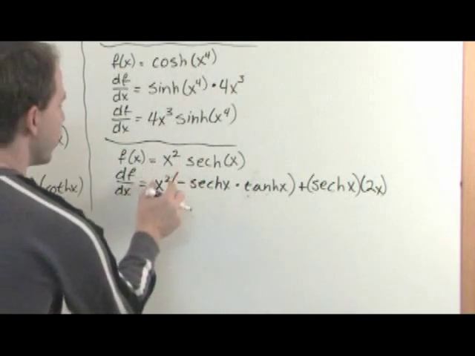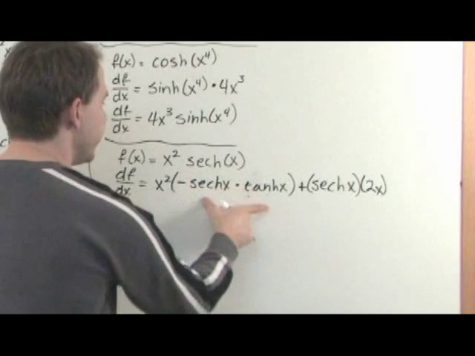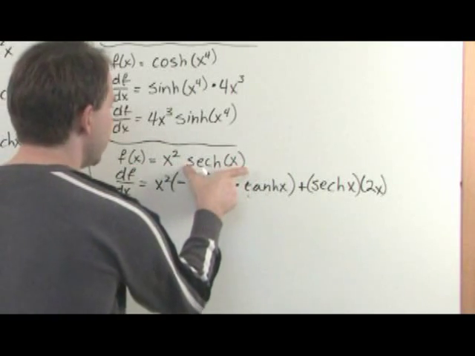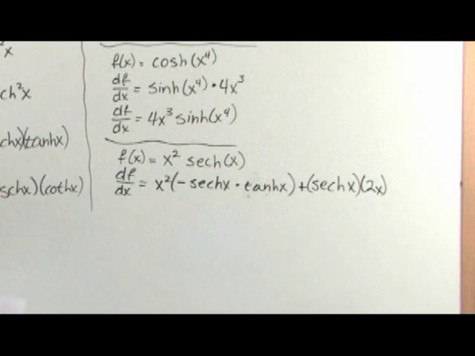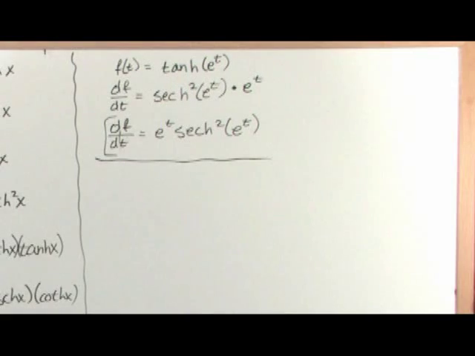So you see it's the first quantity times the derivative of the second, which we found from the table, plus the second quantity times the derivative of the first, which is what you have here. And now all you have to do is simplify it and take derivatives. It's really nothing magical about it. You just apply the rules that you know from calculus, and you use these hyperbolic derivative definitions, just as you always would.